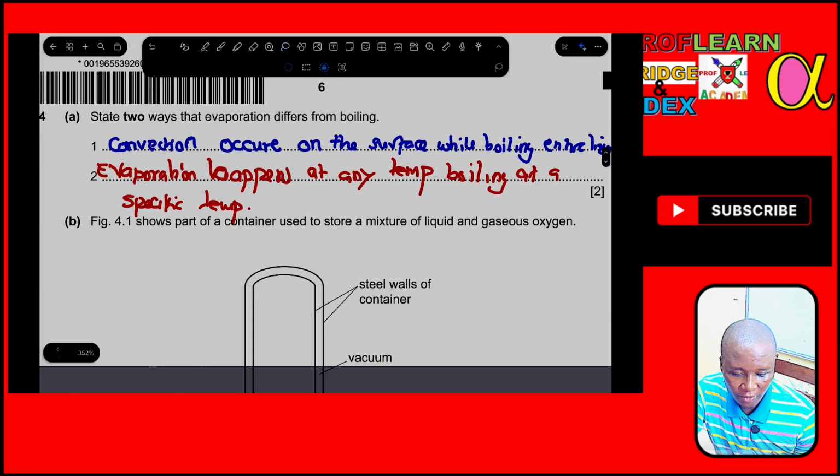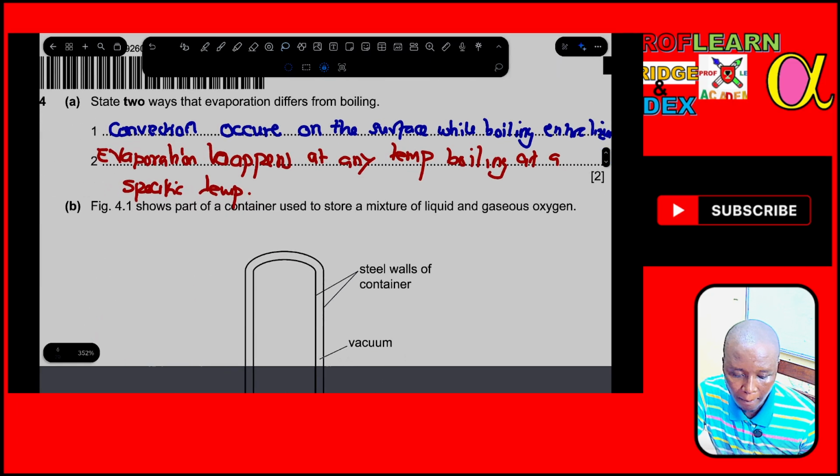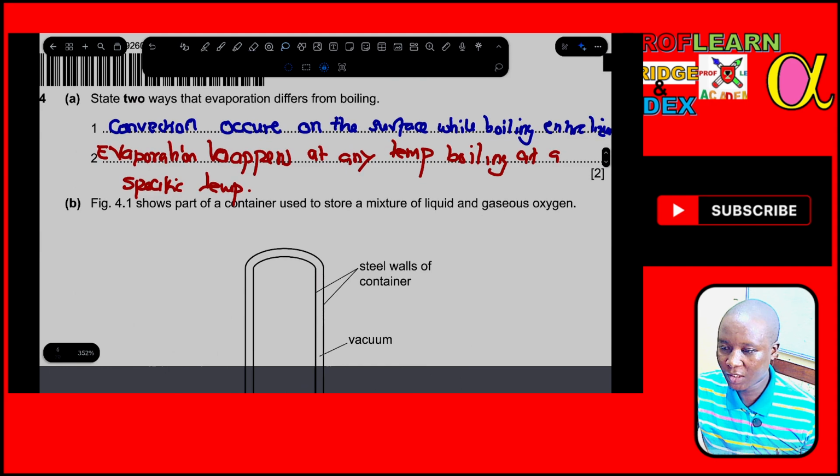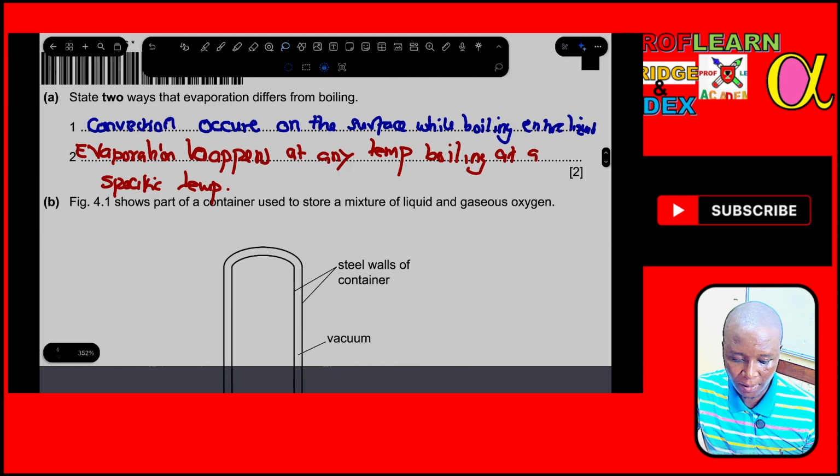State 2 other ways evaporation differs from boiling. This is a very common question that you can be asked.